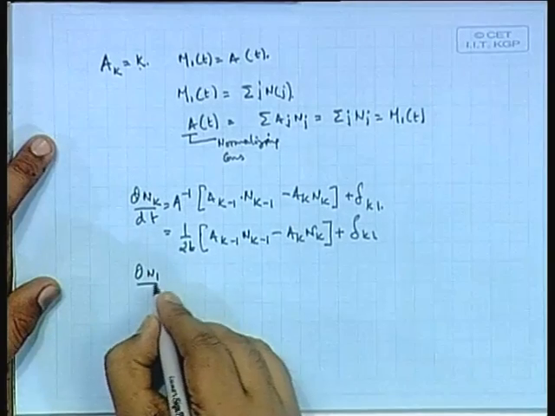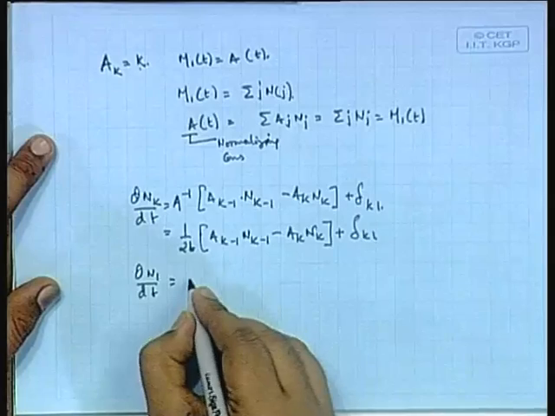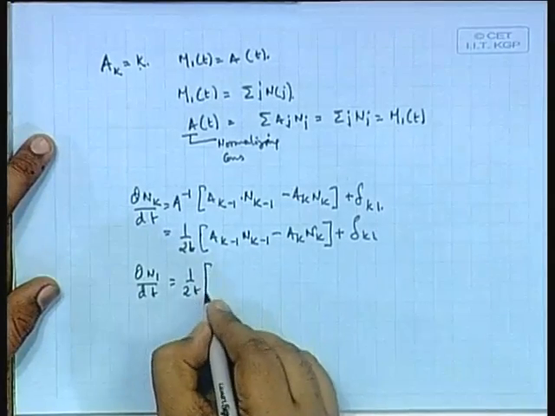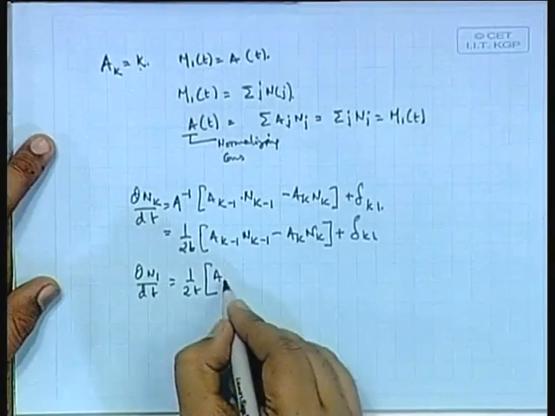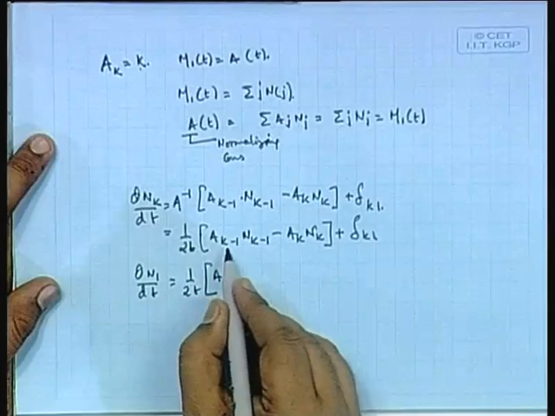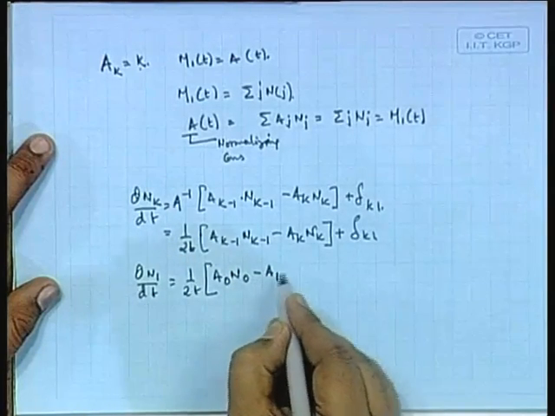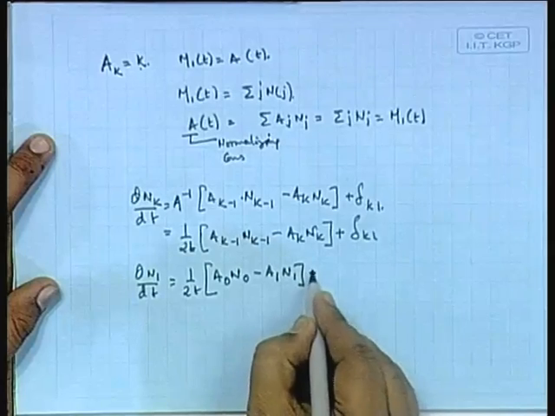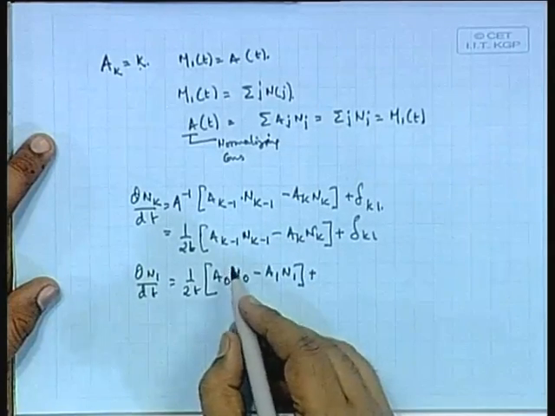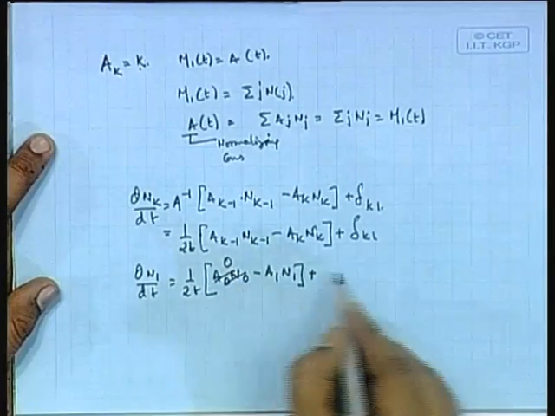So what is dn_1/dt now? It is 1 by 2t times a_0 n_0 minus a_1 n_1 plus the source term. Oh, a_0 n_0 does not come, it is 0, and this 1 comes.